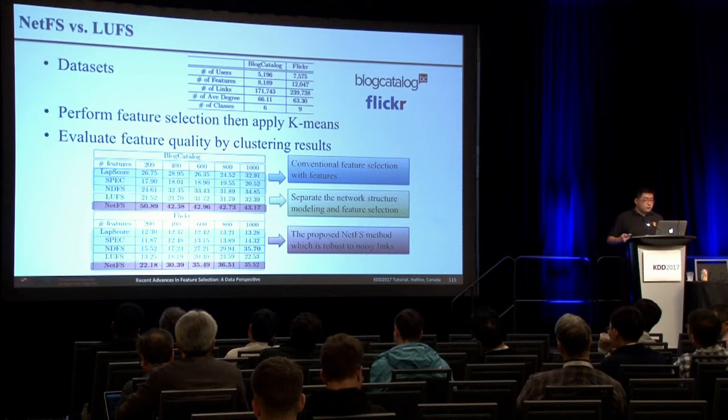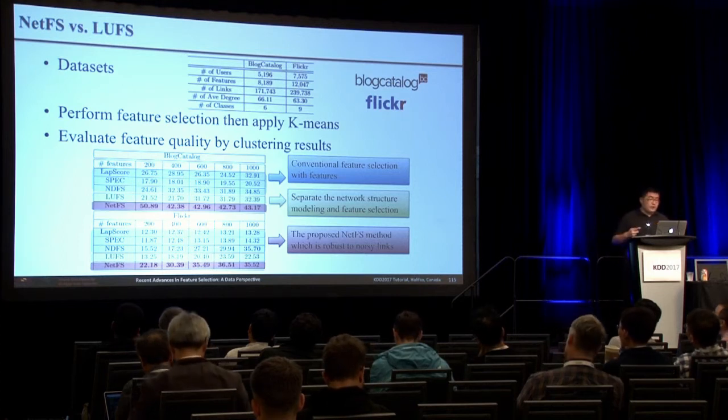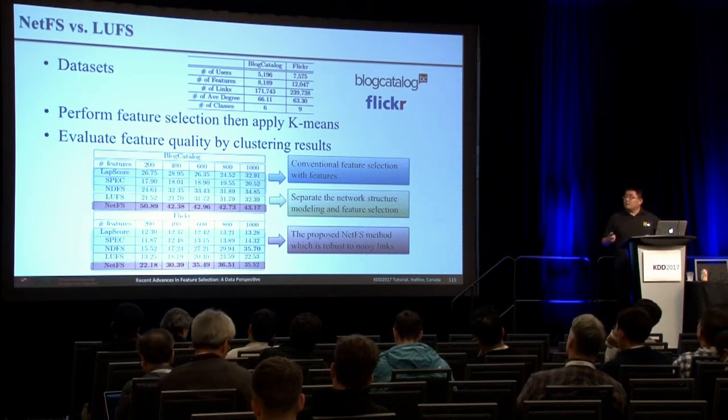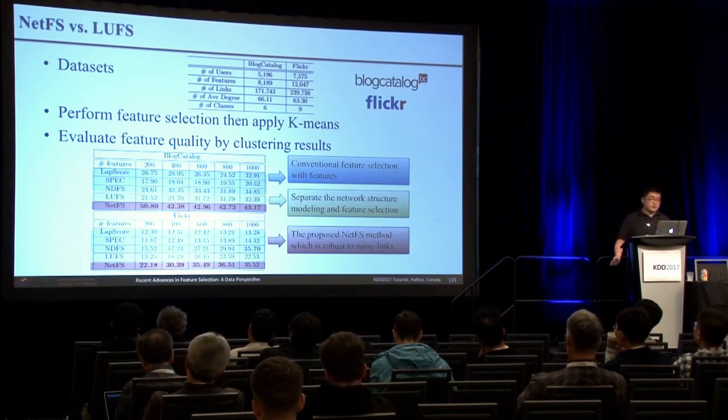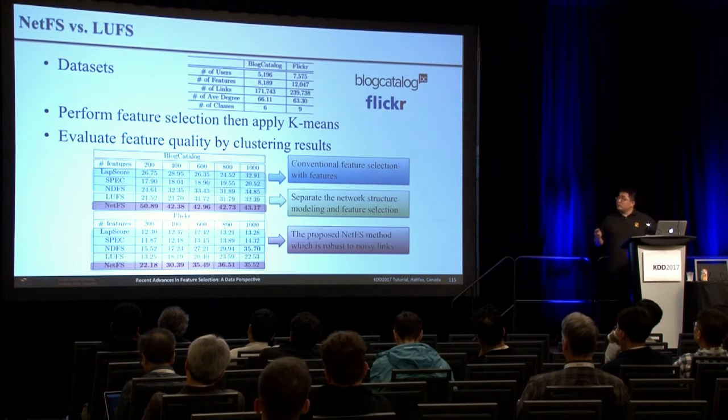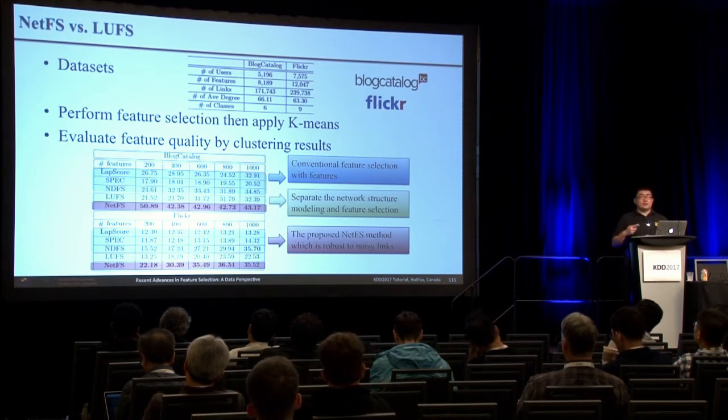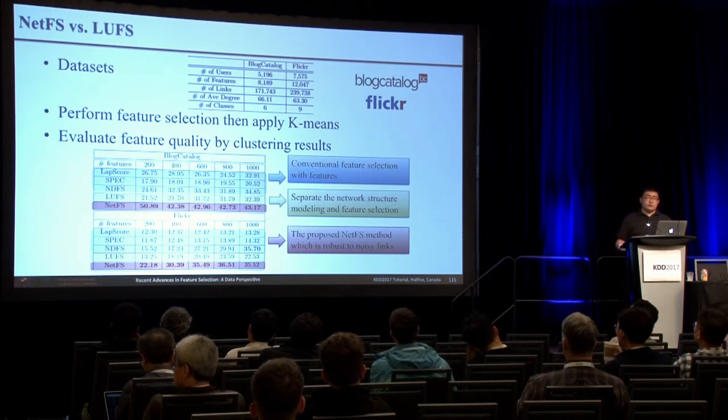Here we use two social media data sets, BlogCatalog and Flickr. We have much noisy information in these two social media data sets. After performing feature selection, we can use the selected features to do the clustering. Normally, the higher the clustering performance, the better the selected features are.